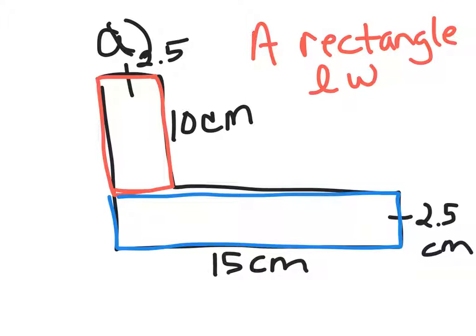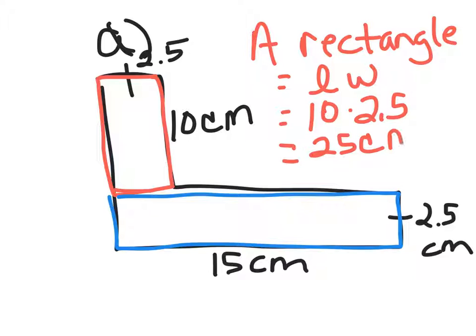Looking at my red rectangle, I've got two numbers. I've got a width and I've got a length. So I'm going to multiply those together, 10 times 2.5, and I get 25 centimeters. Now going with my blue rectangle, it's the same formula, length times width.